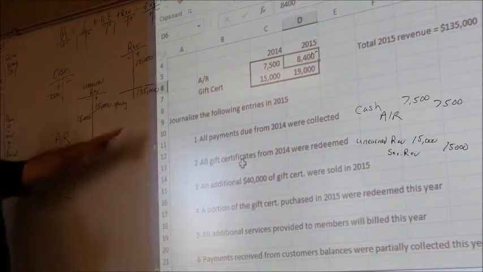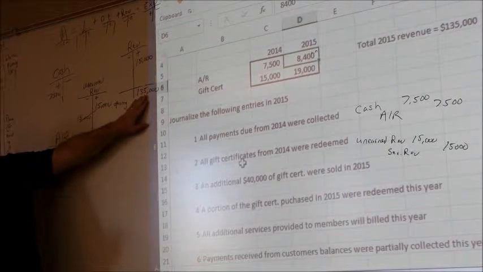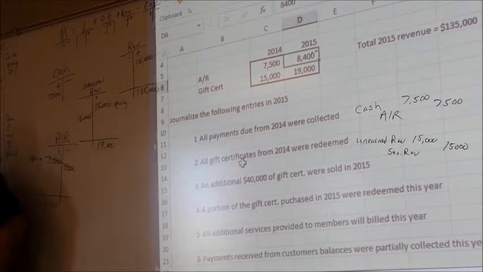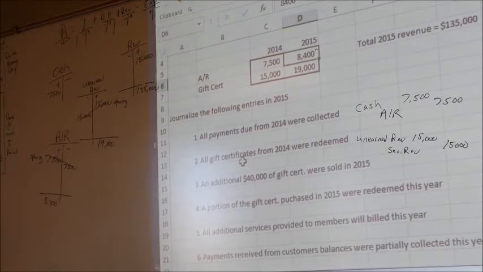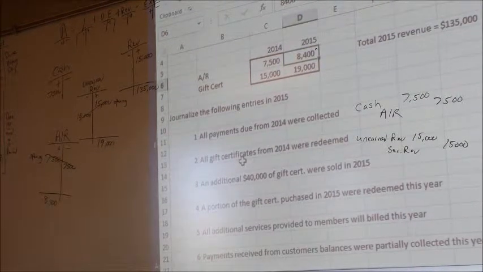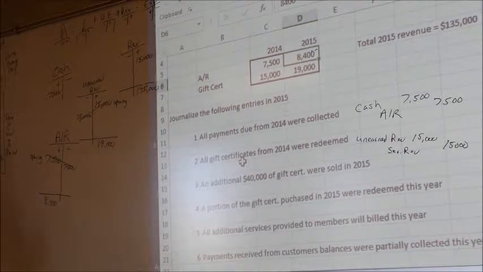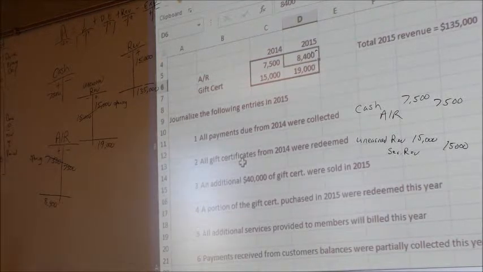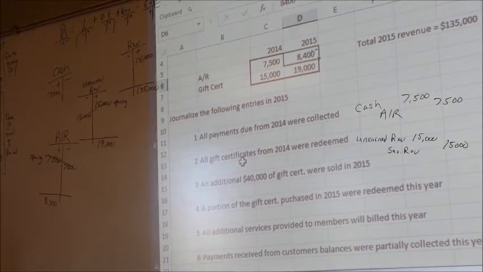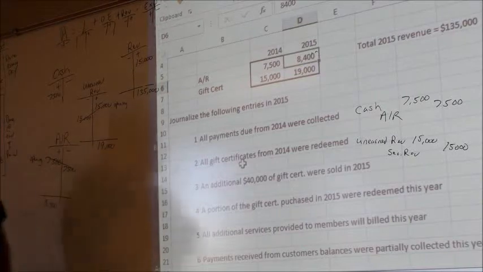So I'm beginning to explain where this 135,000 came from. 15 of it was paid last year in the form of gift certificates. An additional 40,000 of gift certificates were sold this year. Somebody else know. What did I get? Would that be cash, $40,000? Okay.